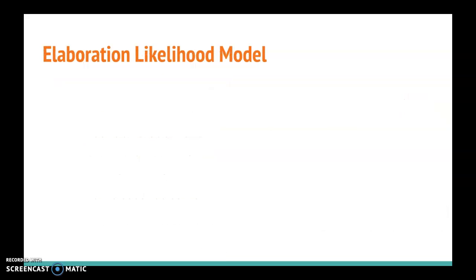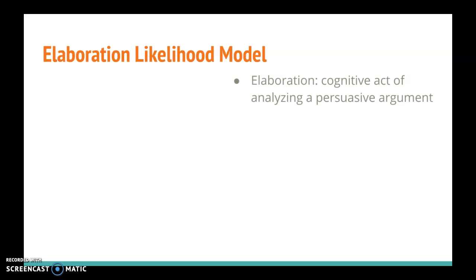So with the elaboration likelihood model, elaboration can be defined as the cognitive act of analyzing a persuasive message or a persuasive argument. And according to the elaboration likelihood model, any feature of a persuasive message can impact how a person comes to view various objects, issues, and people.